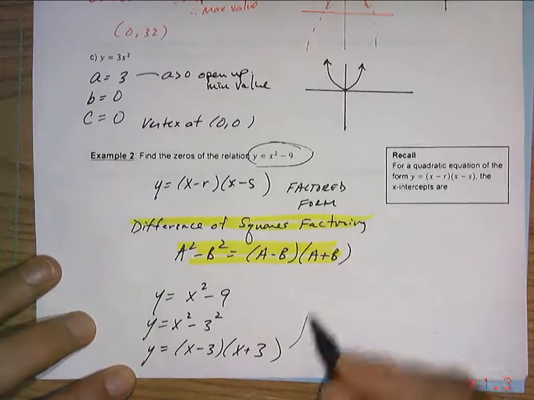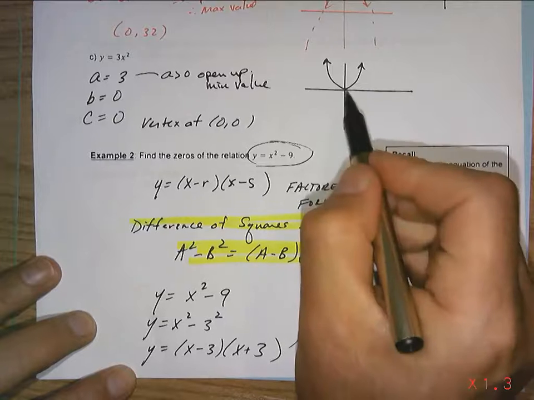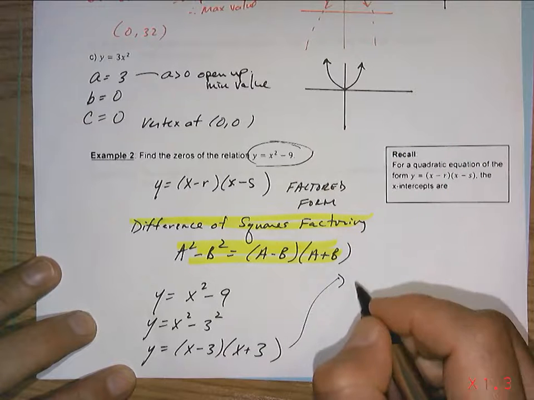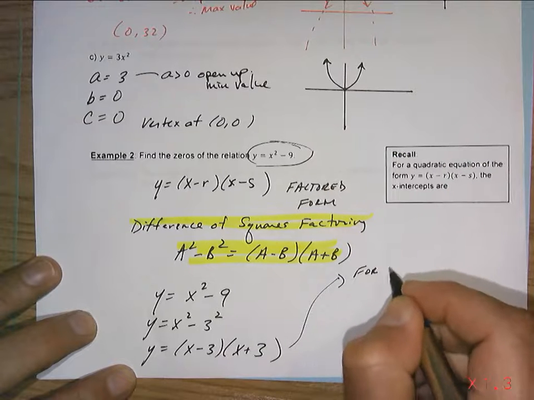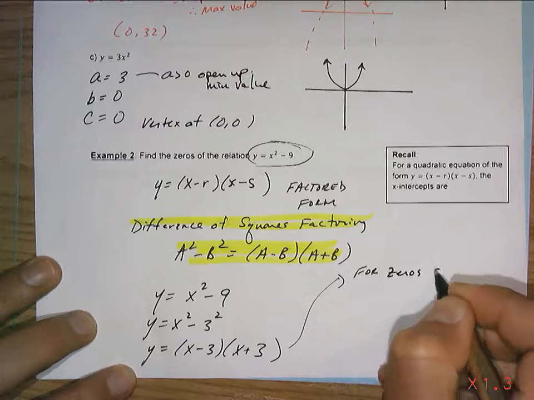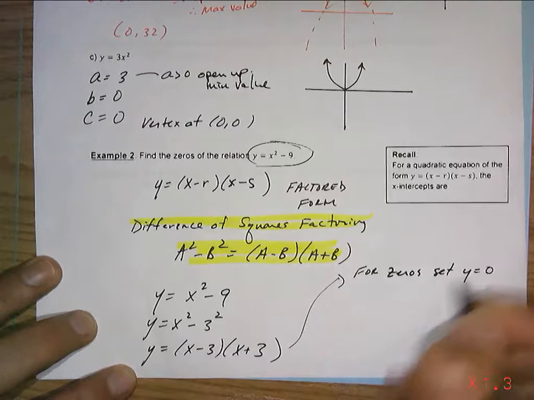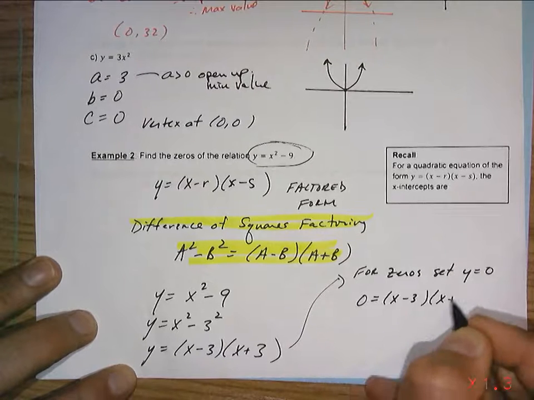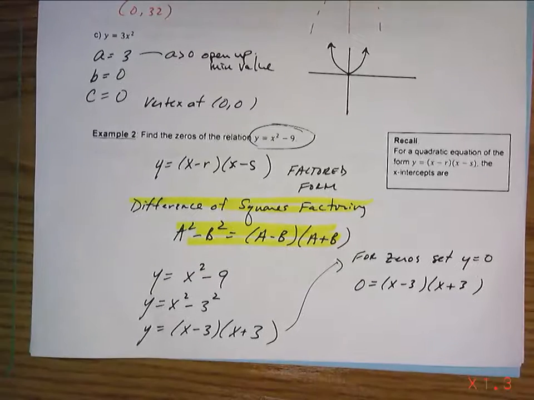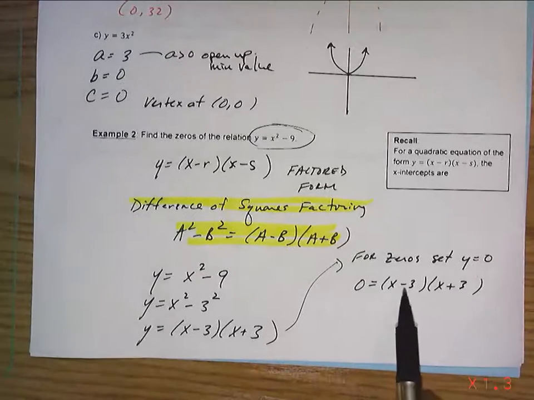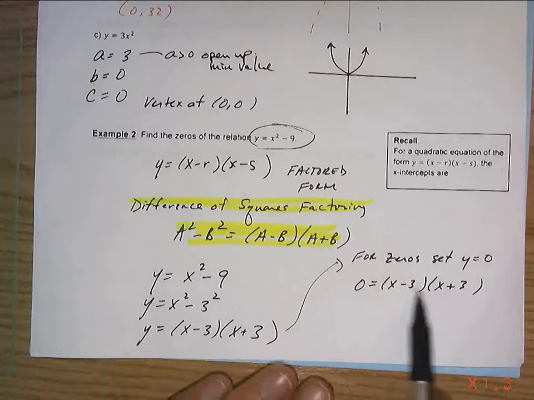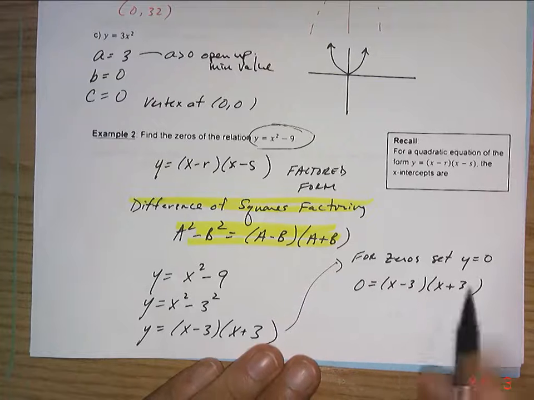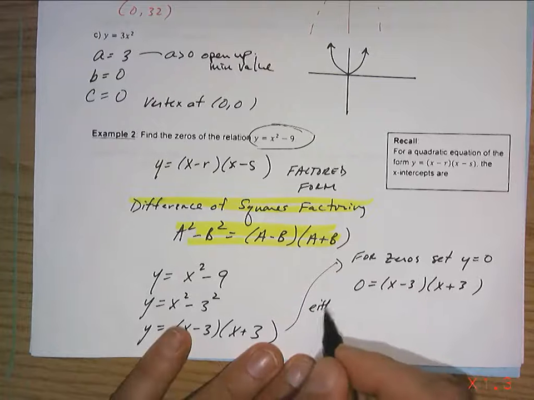Now, when we're looking for the zeros, we're looking for when it's going to cross the x-axis, when the y value is going to be 0. So for zeros, you set y equal to 0, and you get 0 equals (x minus 3)(x plus 3). Now again, for two things to multiply to give 0, either the first one is 0 or the second one is 0.